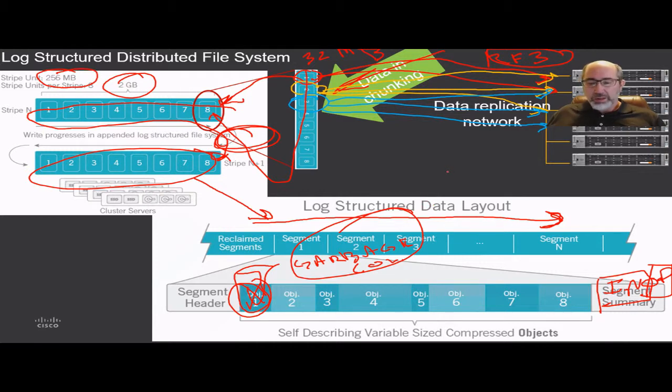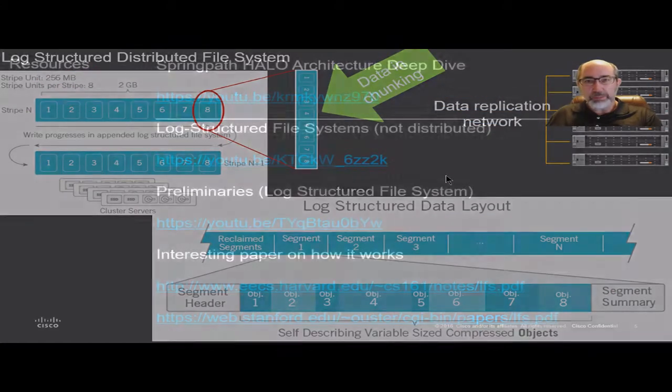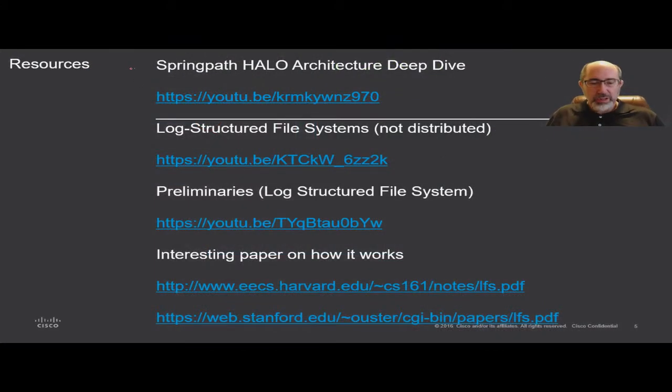If you want a lot more in depth on these, my next slide is going to give you some resources here. This first one is a great video. It's about an hour and a half long, and if you're interested in this stuff, you'll probably be riveted. If you're not, it might be a real slog.